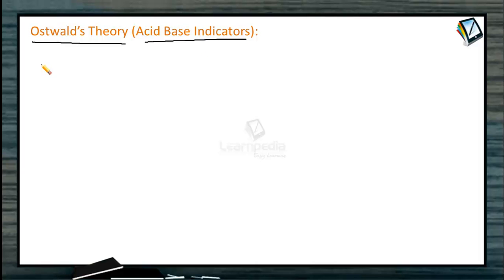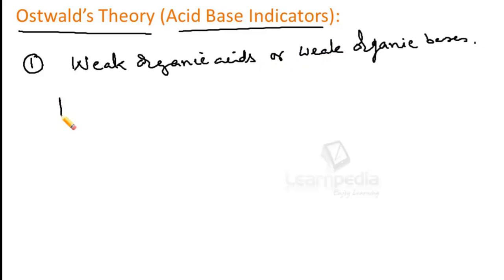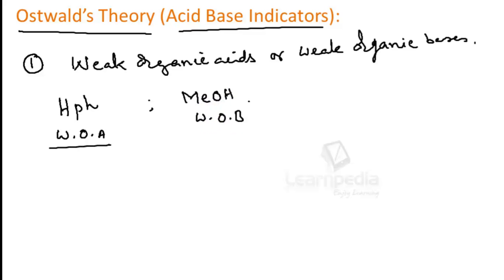According to this theory, all indicators are either weak organic acids or weak organic bases. For example, phenolphthalein is a well-known example of a weak organic acid, whereas methyl orange is a well-known example of a weak organic base. And these indicators, being weak organic acids or weak organic bases, in aqueous solution undergo ionization to a smaller extent.